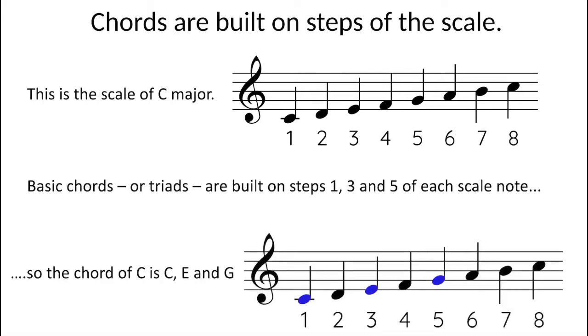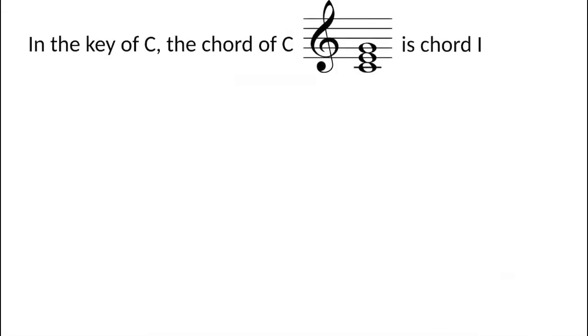So, for example, the chord of C is C, E, G. In the key of C, the chord of C is chord 1. We're in the key of C, that's the main chord. We call it chord 1.